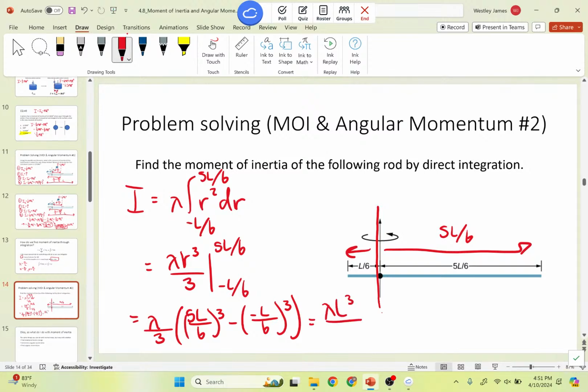Lambda L cubed over 3, times 5 cubed is 125 over 6 cubed, which is 216, minus, or rather plus, subtracting a negative, 1 over 216. So at this point, the hard part was setting up the integral. At this point, it's just doing an integral.